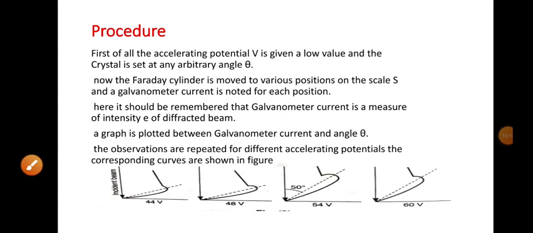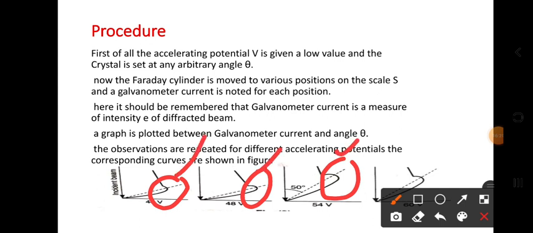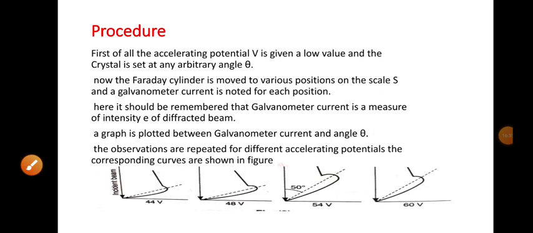This is called a bump. Compare the bumps: here are small bumps, and the bump increases here, and on this side the bump decreases. Beginning potential is 40. At 44 volts the bump starts, and at 54 volts the bump reaches its maximum value. From 54 to 60, the bump gradually starts decreasing.